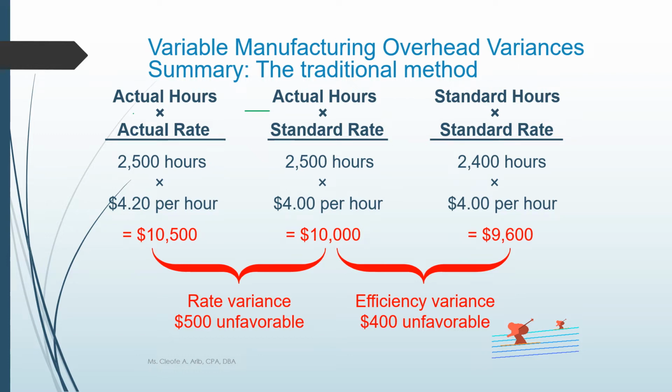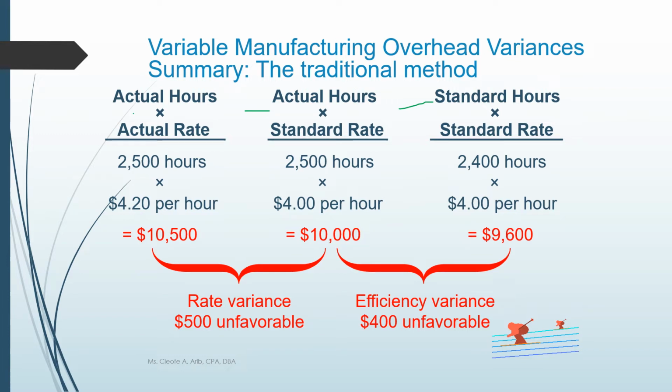Then we proceed to your efficiency variance. How do we compute that? We just get the difference between your actual hours multiplied by your standard rate and your standard hours multiplied by your standard rate. Or, as a shortcut, you just get the difference between your actual hours less your standard hours. The difference you multiply to your standard rate. So the actual hours is 2,500.